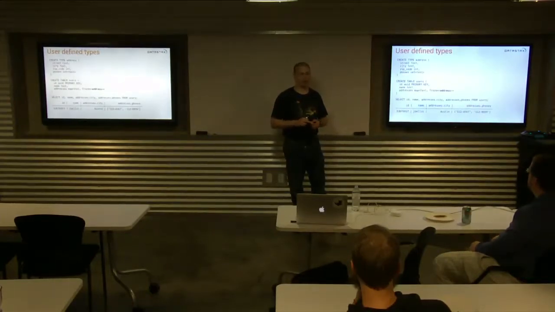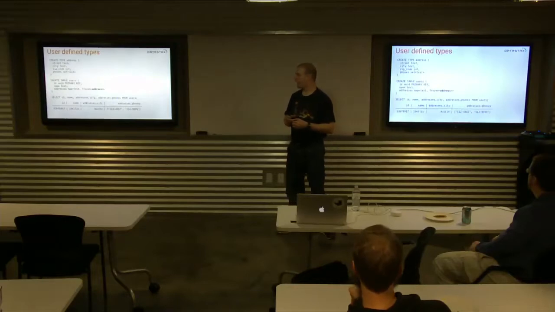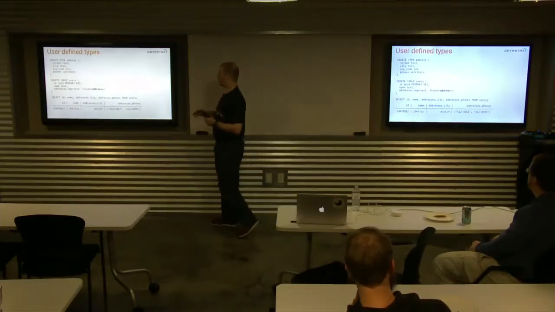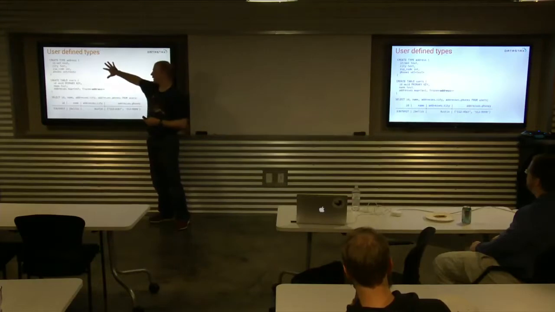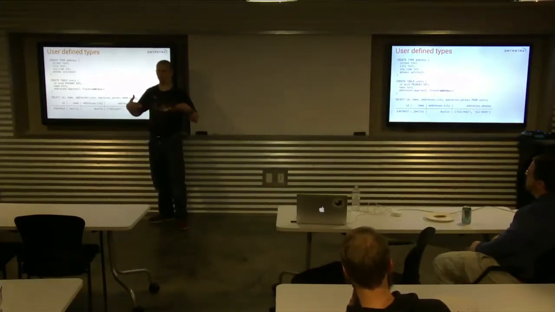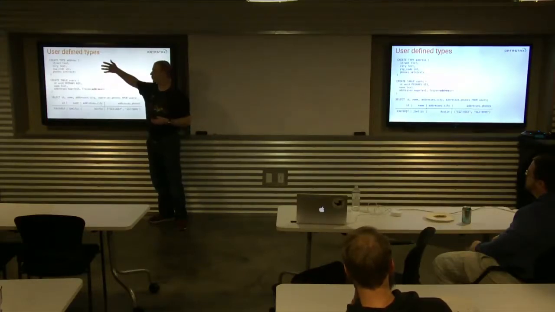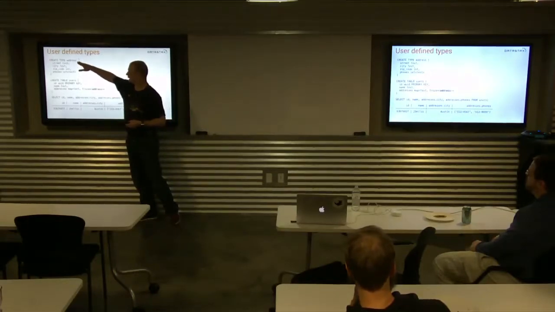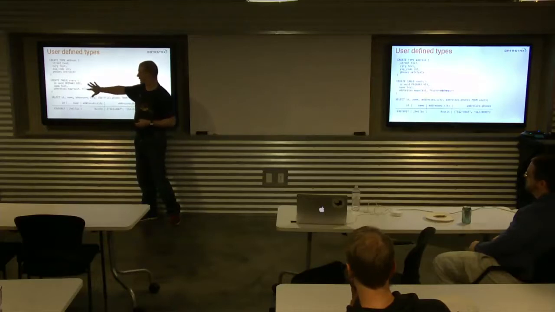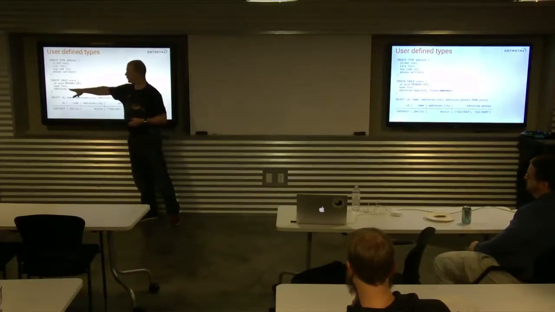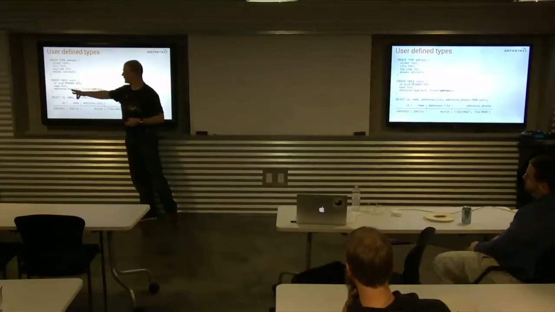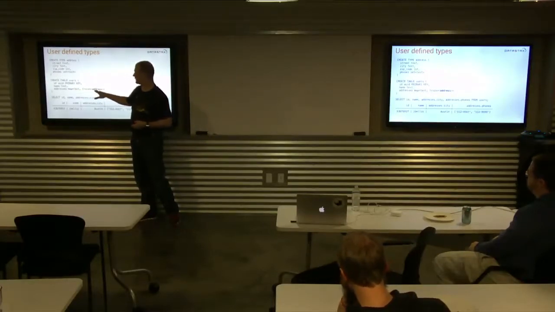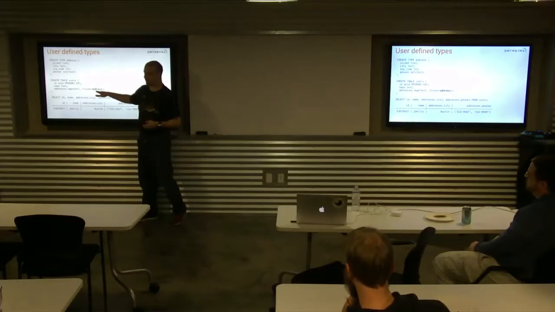User-defined types landed in 2.1, and what that looks like is we're basically creating a record or a struct that combines multiple primitive columns into a more complex one. So I can create an address type with some text and integer fields and a collection, and then I can use that in my users table with this addresses column defined as a map of text keys to address values.